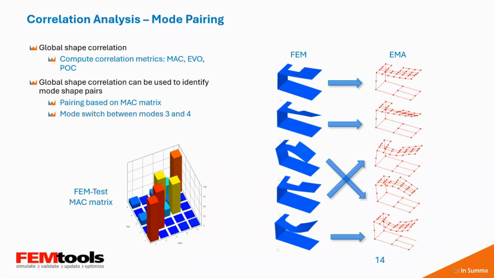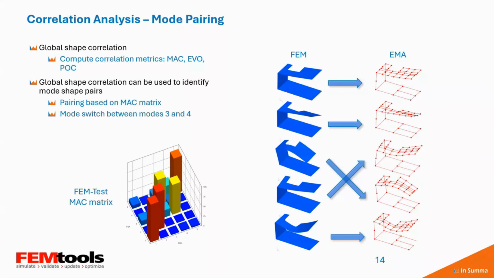So using the diagram, we can see that the first experimental mode corresponds to the first FE mode. The second also corresponds. The third FE mode, however, does not correspond to the third experimental mode, but to the fourth.